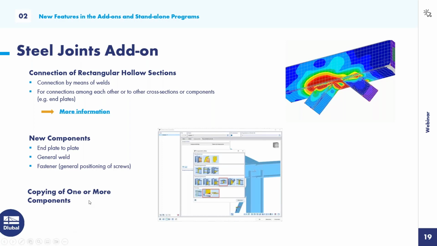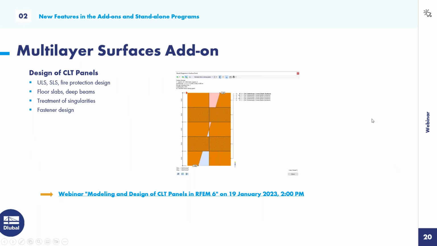Another feature is the copying of one or more components. We already showed that feature in the latest webinar of the Steel Joints add-on some months ago. You can find it also on our website if you are interested in the Steel Joints add-on.